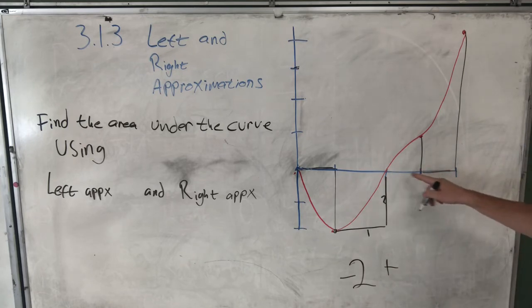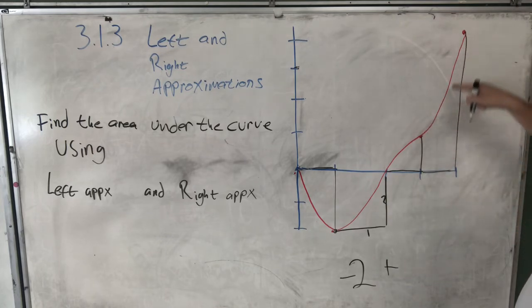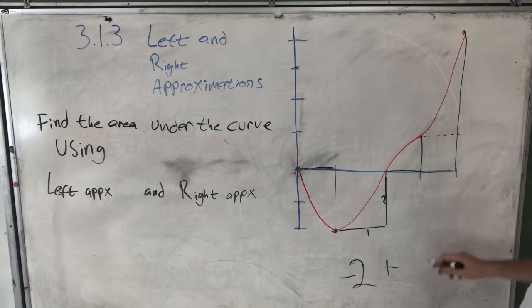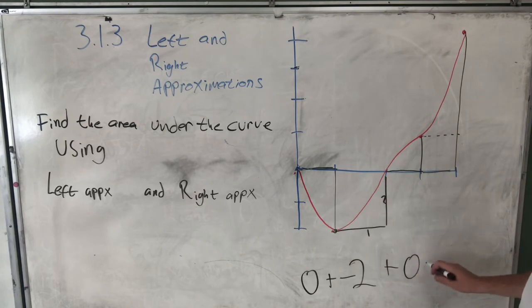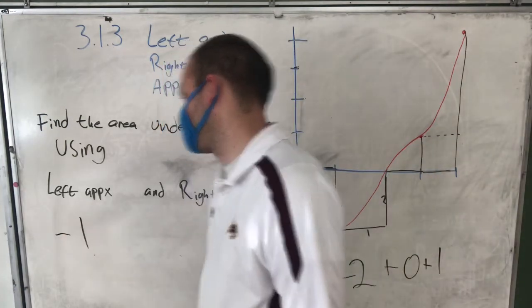Plus, if we're using left approximations, that's 0. On this curve, what's the leftmost point? That one, which is a 1, 1 by 1. So we've got 0 plus negative 2 plus 0 plus 1, which gives me a total answer of negative 1 for my left approximation.